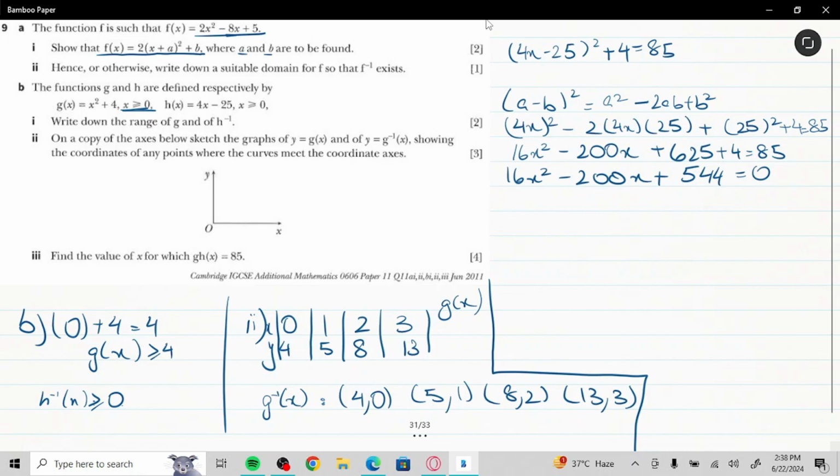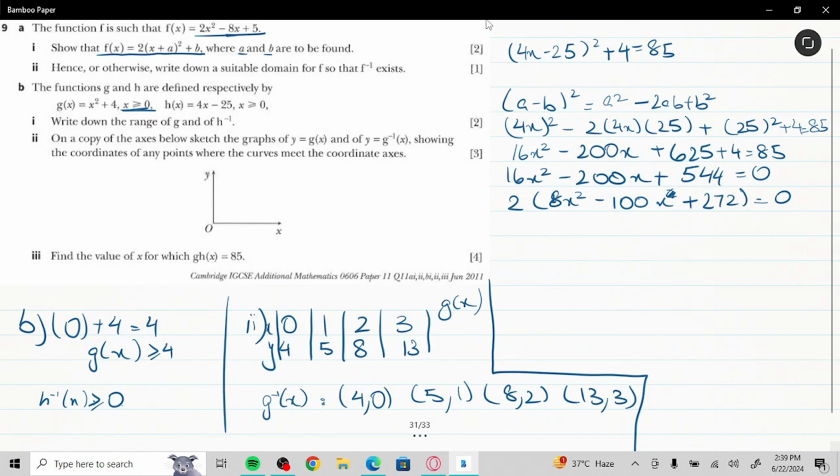So we have 16x squared minus 200x plus 544 equals 0, and 544 comes in the table of 16. What we are going to do is take a common factor out of this. 2 is the most suitable common factor. So 2 times (8x squared minus 100x plus 544 divided by 2, which gives us 272) equals 0.